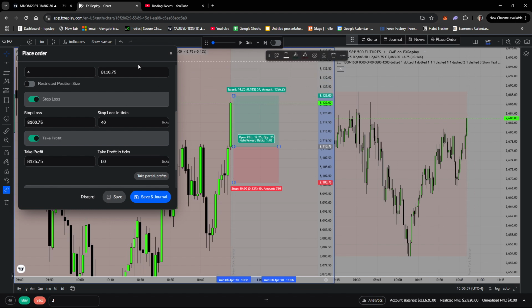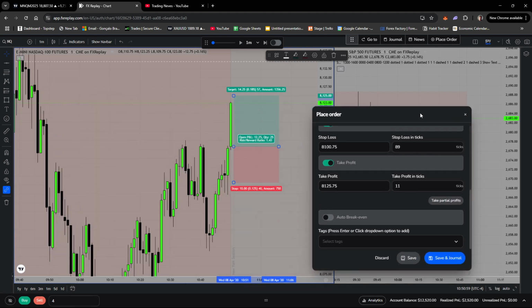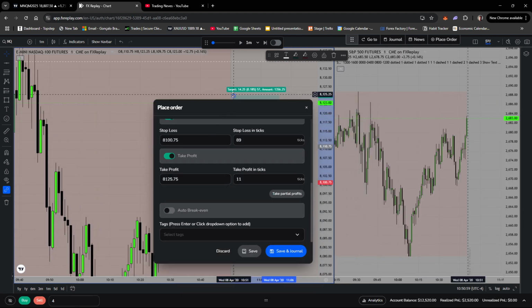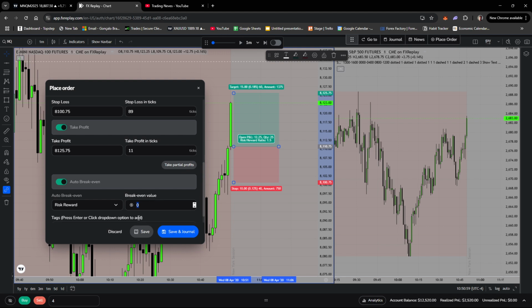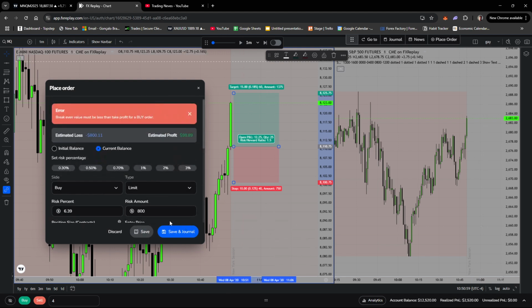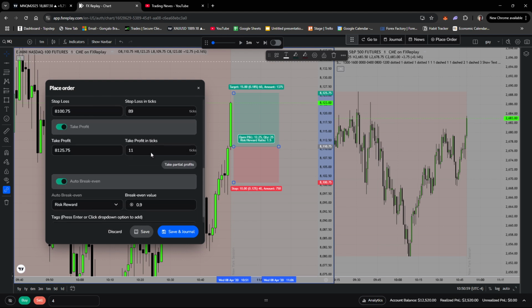We'll go for a 1.5, but let's just make sure we've refined this. Perfect. So auto break even at 0.9. Break even must be less than the take profit value.